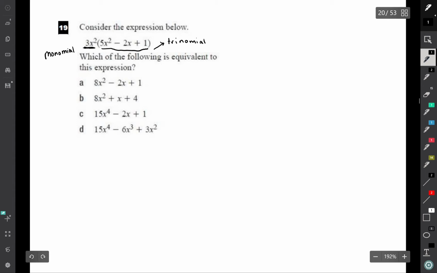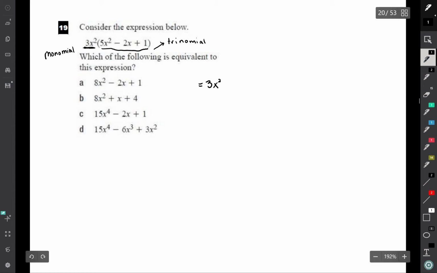It has one term. So we're multiplying a monomial by another polynomial. So here we're going to have to be careful. We're going to be doing exponent laws. We're going to be doing simplifying. We're going to be doing a bunch of stuff, okay? So let's start off.